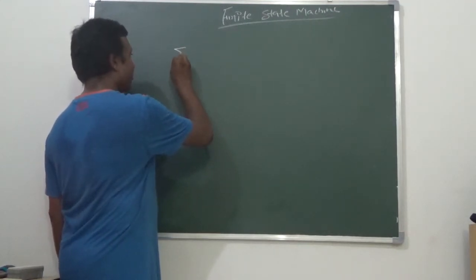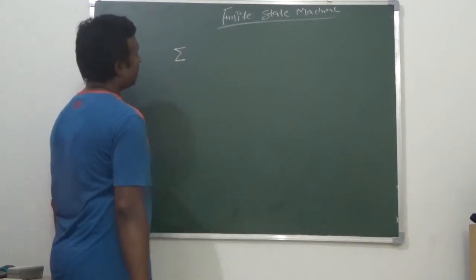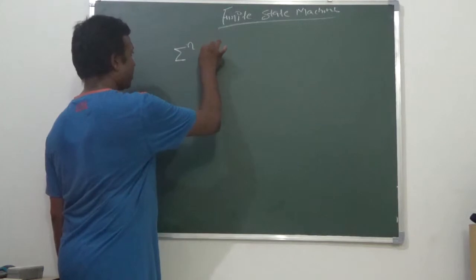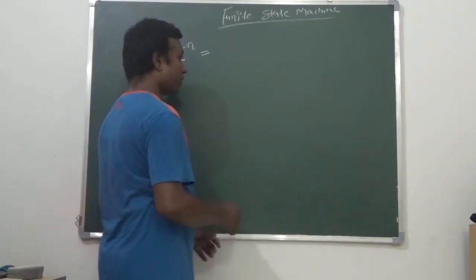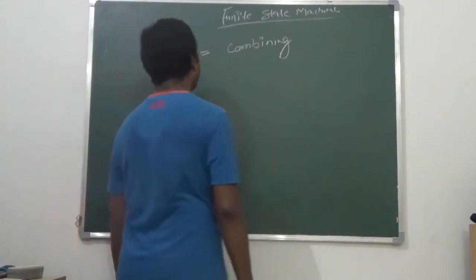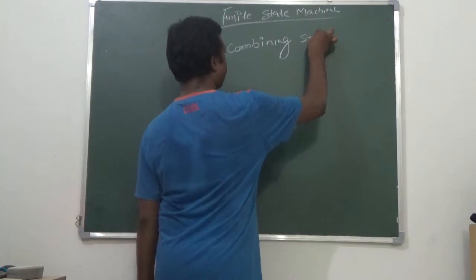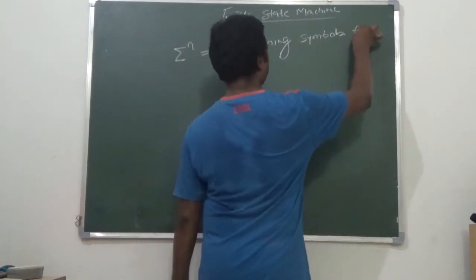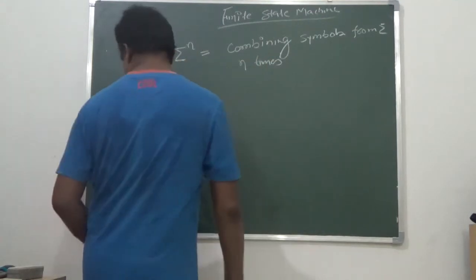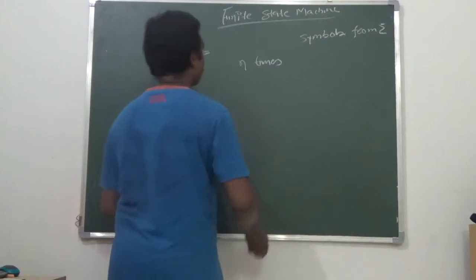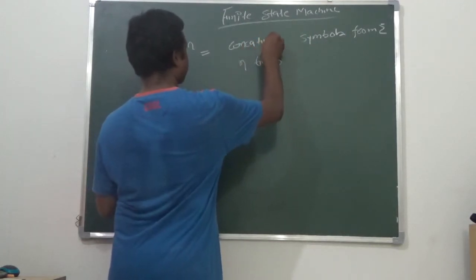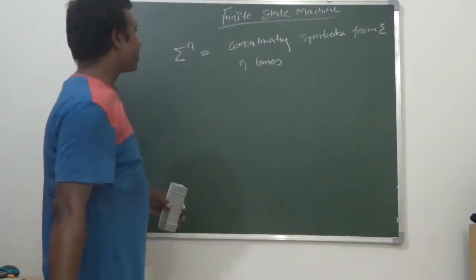Let us say we define sigma^n, that is equal to concatenating symbols from sigma n times.